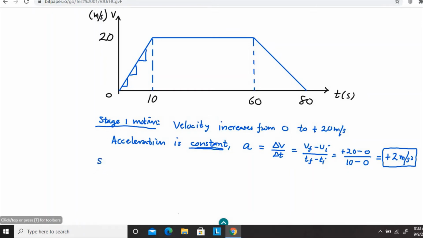Now stage 2. Stage 2 motion. Velocity remains the same. You can see for a velocity versus time graph, if you have a horizontal line, that means constant velocity.